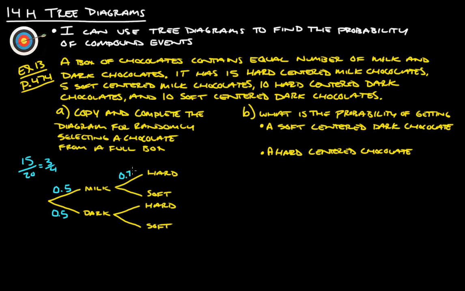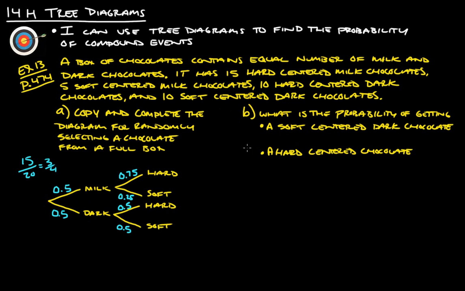That leaves the other quarter, 0.25, for soft-centered. And for the dark chocolates, 10 are hard-centered and 10 are soft-centered, so that's also 50%, so 0.5 and 0.5. So we have now completed the diagram for randomly selecting a chocolate from a full box.